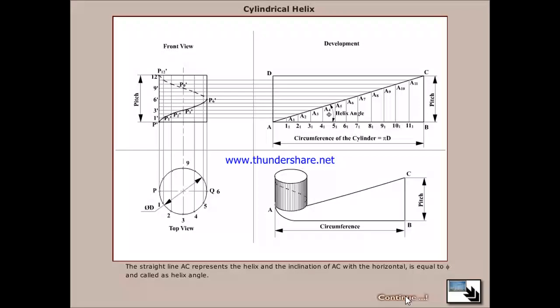The straight line AC represents the helix, and the inclination of AC with the horizontal is equal to phi and is called the helix angle. The right angle triangle ABC is called the development.